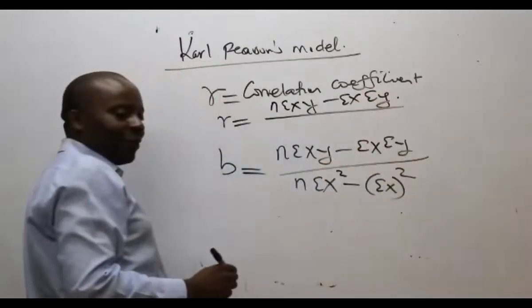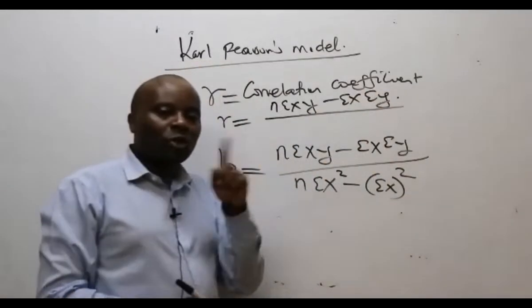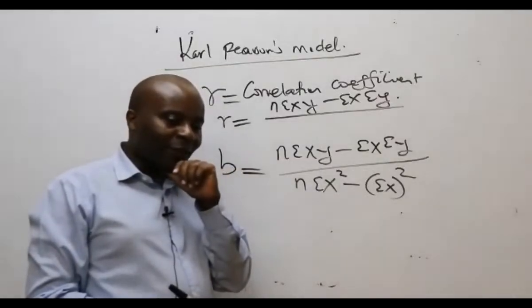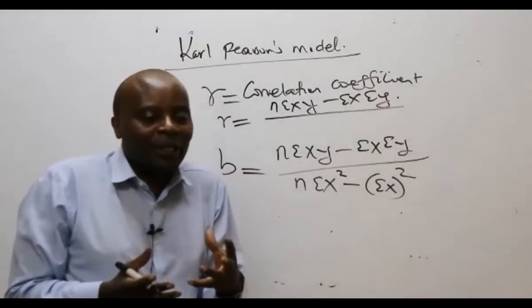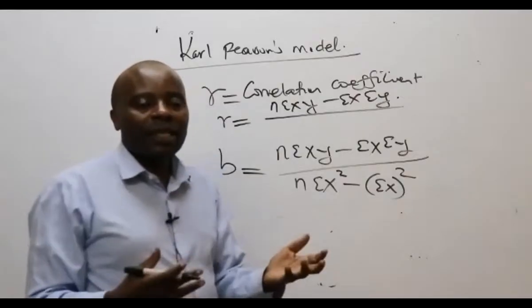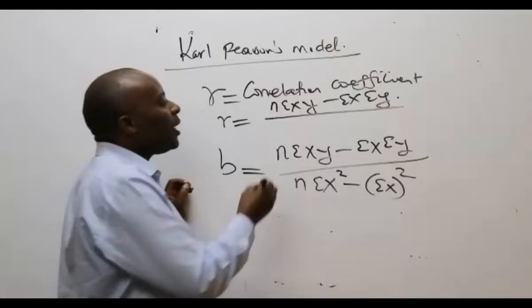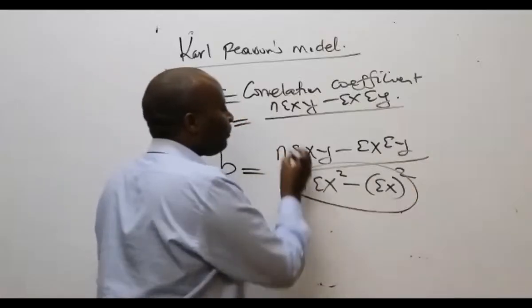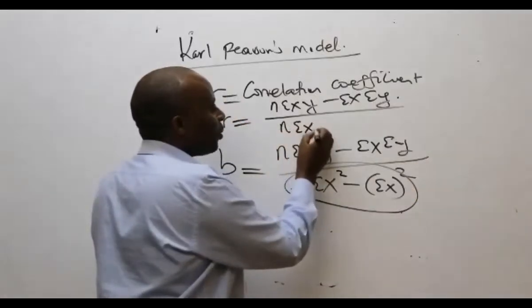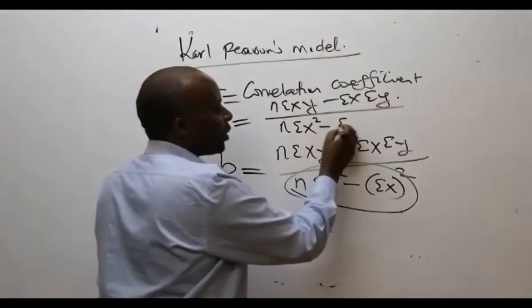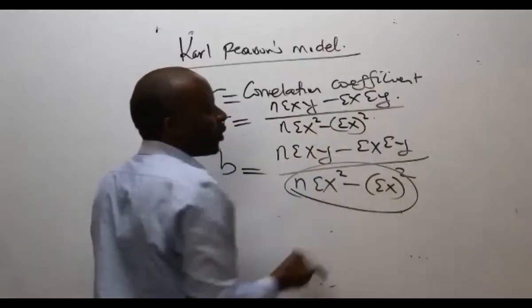Now, there is also a relationship about the denominators. If I understand this, I've understood the entire thing. So for the denominator, I copy this: n summation of x squared minus (summation of x) squared.